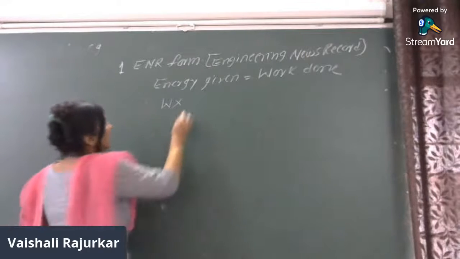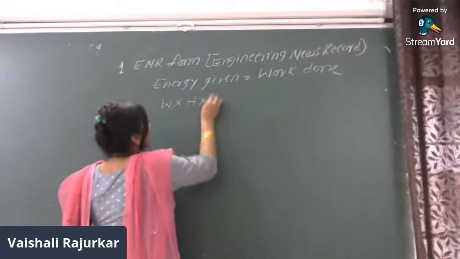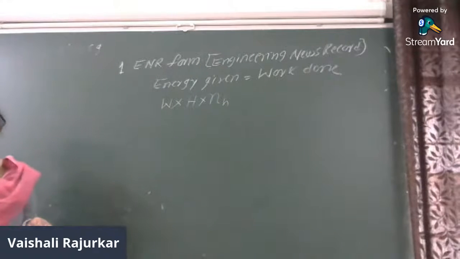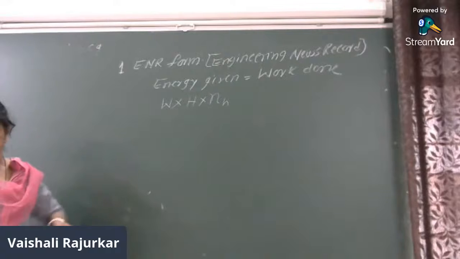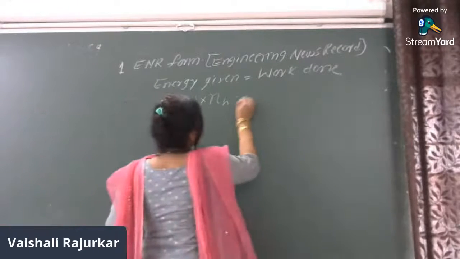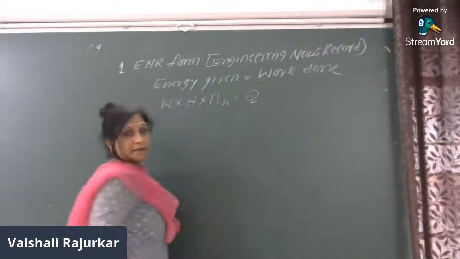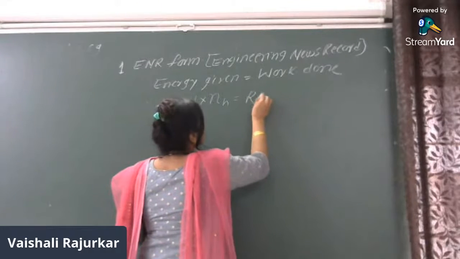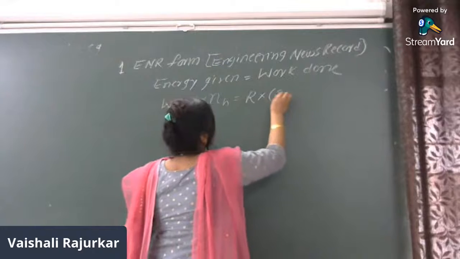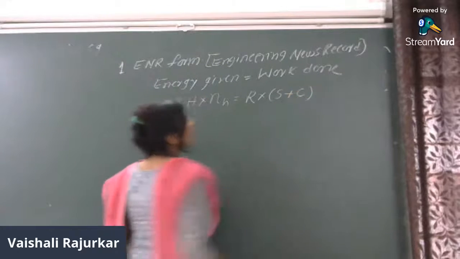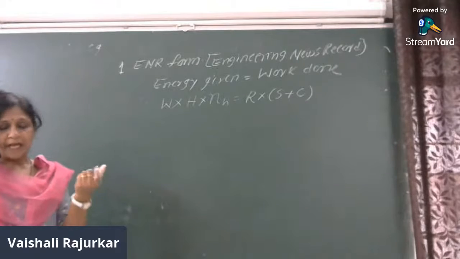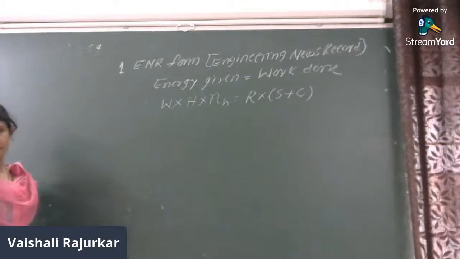Then H. H is the height of free fall, and the efficiency of the hammer. And then we consider the resistance given by the pile into S plus C. What is S? S is the penetration of the pile for the last few blows, and C is the constant which we take into consideration.